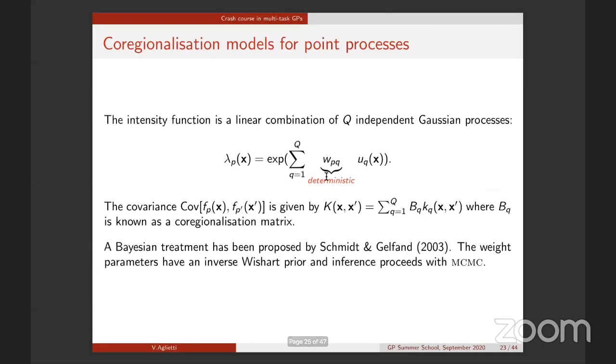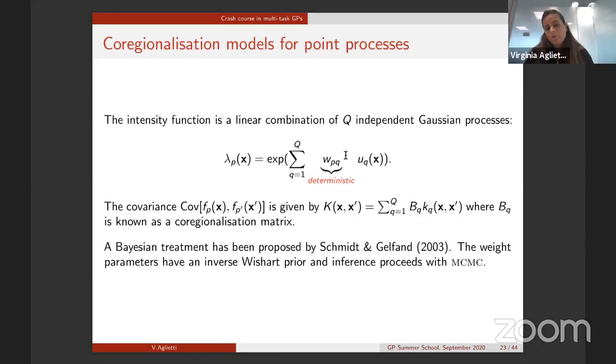This one? Yep. Yeah, you could use whatever, but you have to bear in mind that inference could become more difficult. In this case, when you consider these weights to be deterministic and optimized within the inference, it's relatively simple in the sense that the expected log likelihood can be computed by exploiting the properties of the log Gaussian distribution.